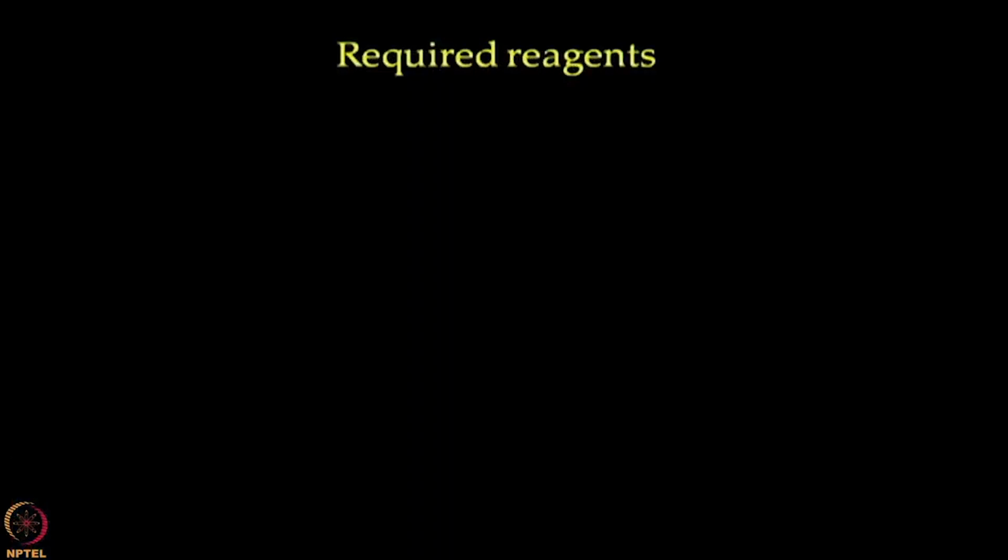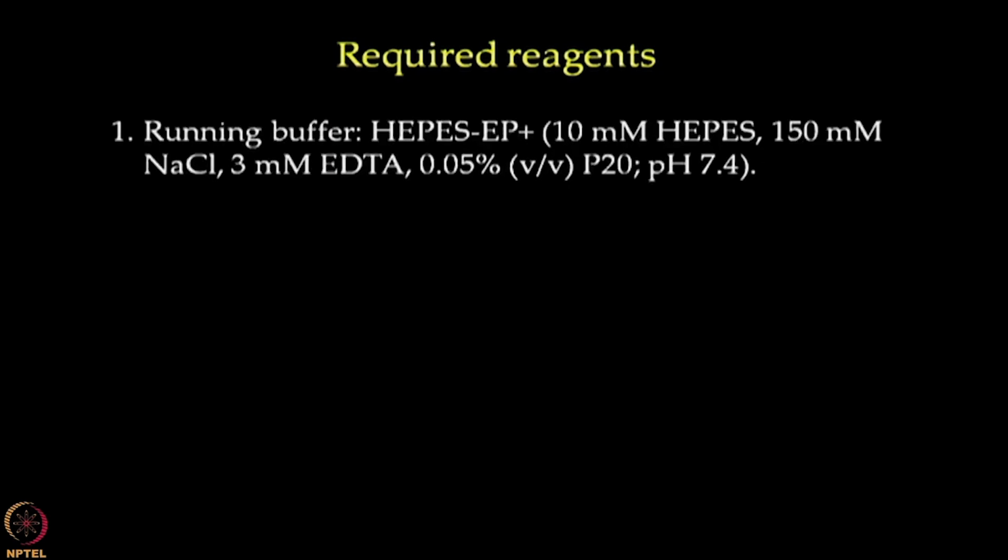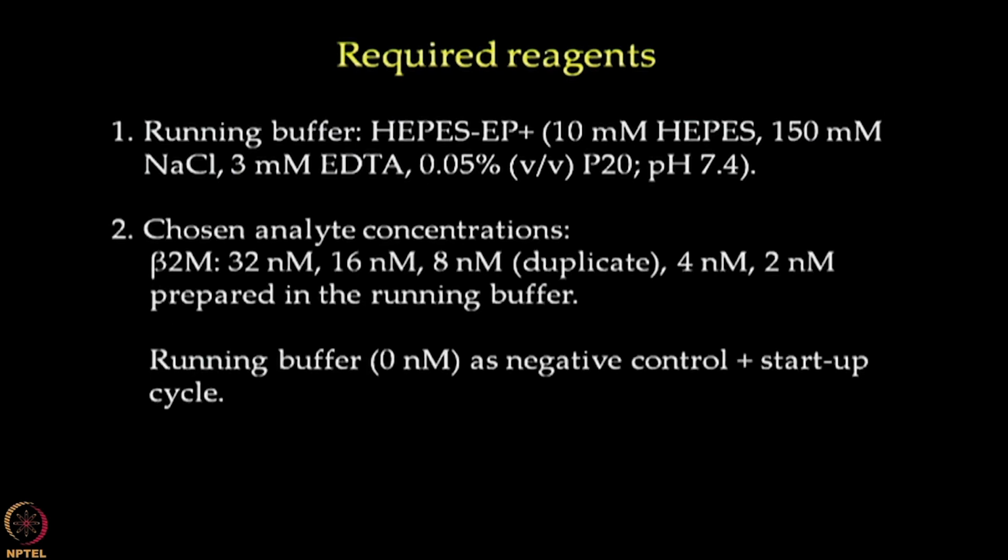In today's kinetic assay experimental setup, we will be using HBS-EP Plus as the running buffer. We will be preparing a total of 5 concentrations of beta-2 microglobulin: 32 nanomolar, 16 nanomolar, 8 nanomolar, 4 nanomolar and 2 nanomolar, using 2-fold serial dilution in the running buffer, and 8 nanomolar concentration in duplicate.